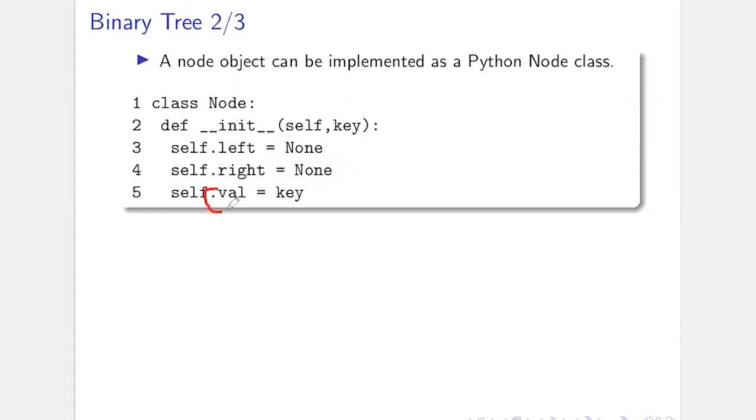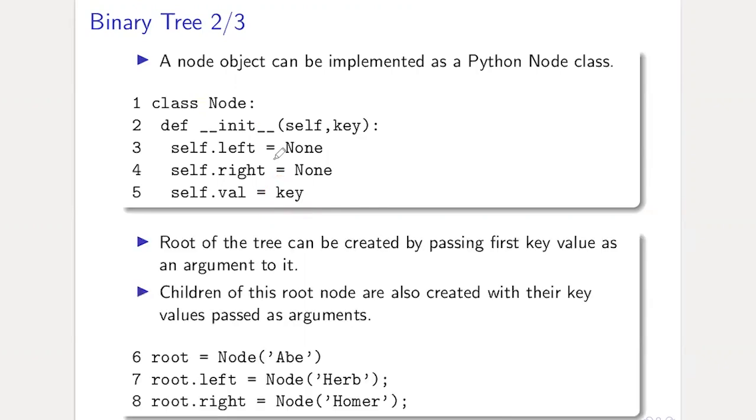And the value in the node I have put as the value I passed as key. You can pass any kind of data structure here to be stored as the value. You can pass a tuple, you can pass a list, you can pass anything actually, but generally what we would pass is a tuple of a key value and some other value.